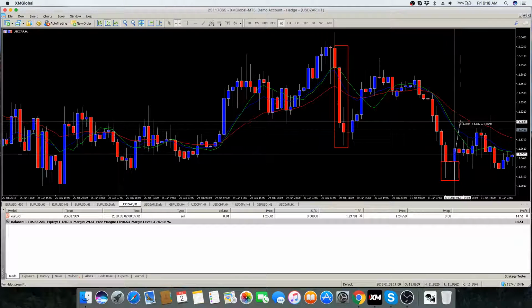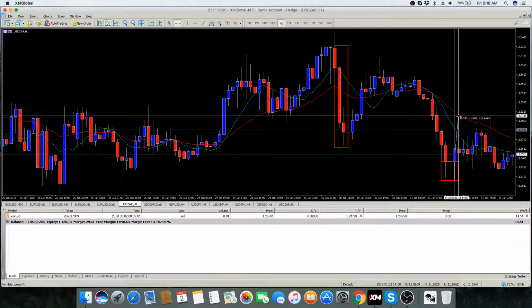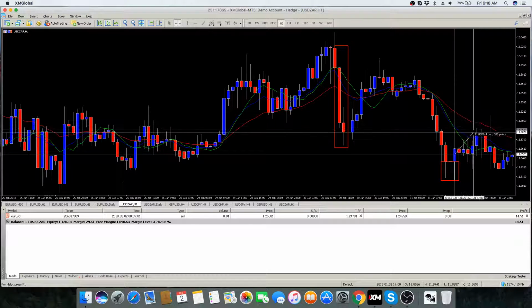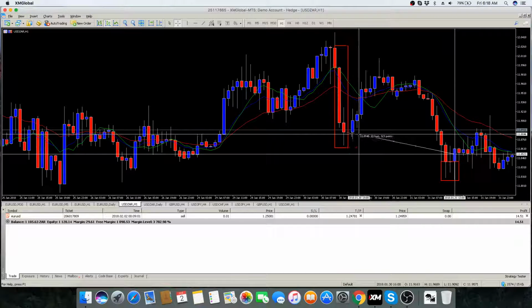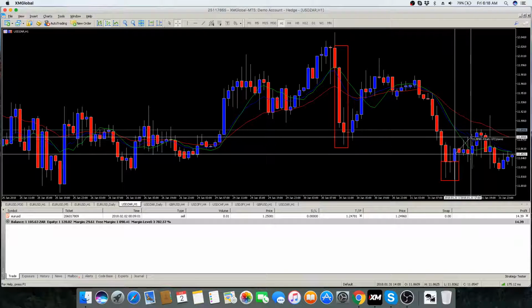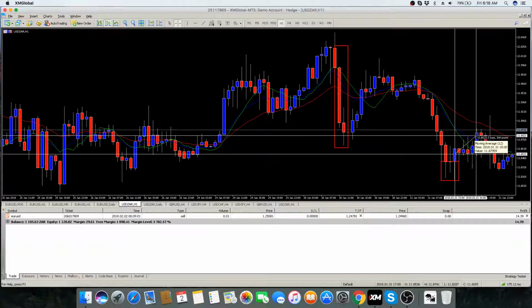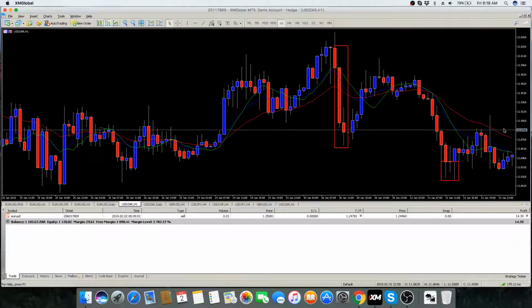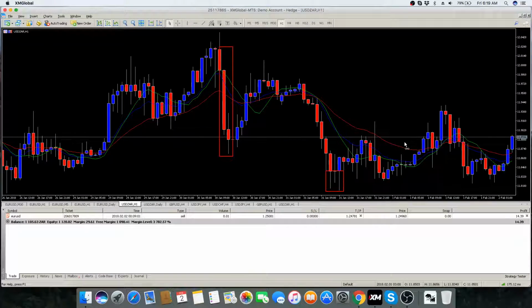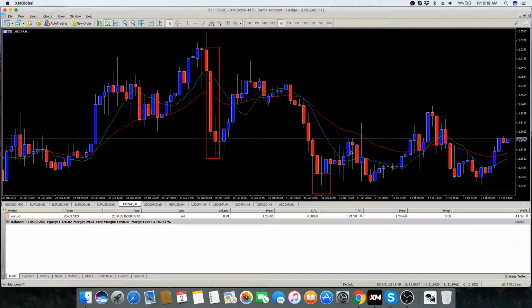So I always imagine them curving. If I look at it and it's coming down like this, I think, okay, it's going to be around about here, the previous price low over here. So there we go, that's about 30 pips. And that's basically how I use my indicator.